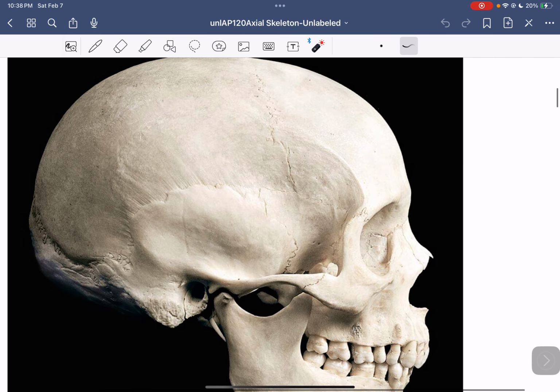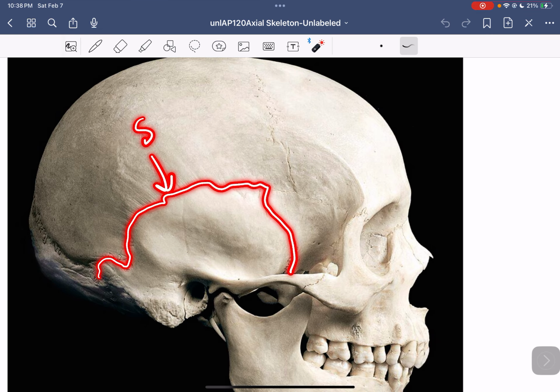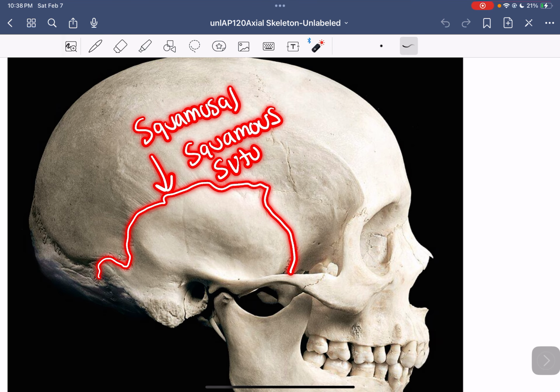We can also see from this angle, this suture right here is our squamosal or squamous suture.